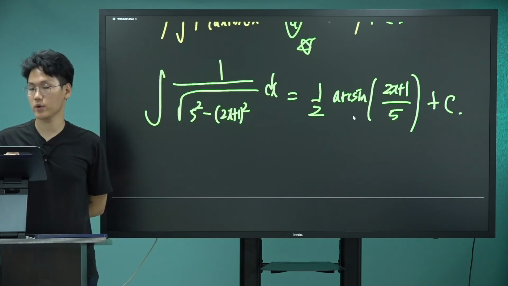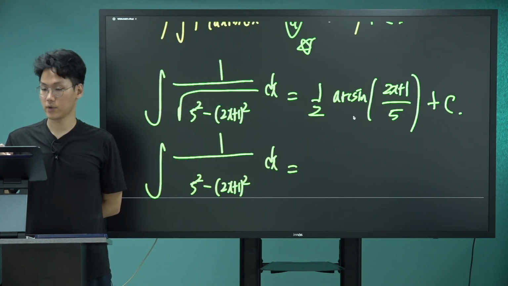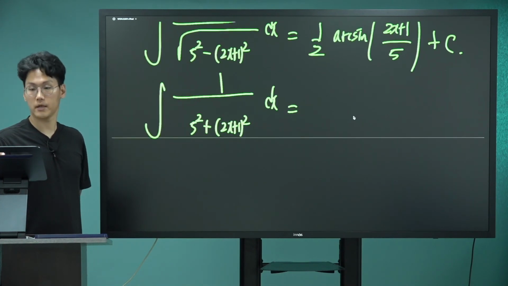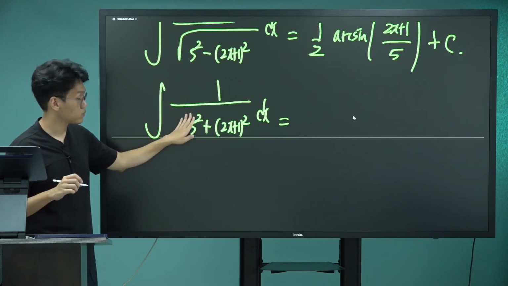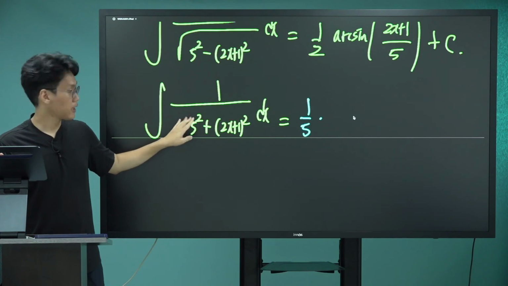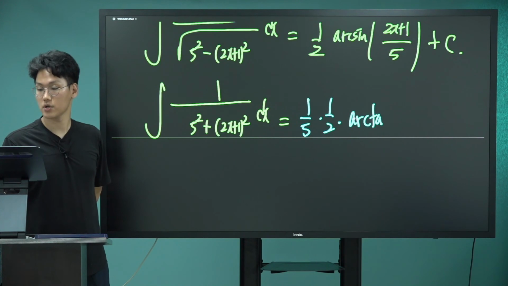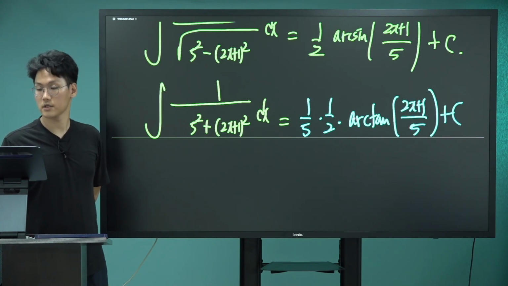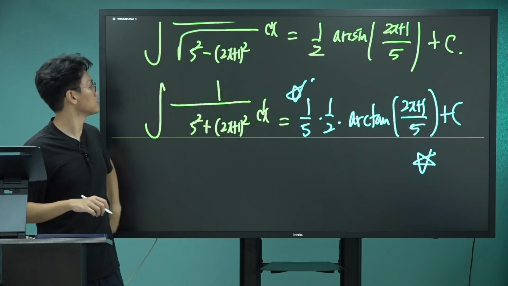But the situation is quite different for the arctangent. Suppose I took out the square root and made it a sum of a perfect square. If that was the case, then 1 over 5 is going to pop out, and 1 over 2 is going to pop out, and then the arctangent of the domain 2x plus 1 over 5 is what we get. That is going to be your expression here.